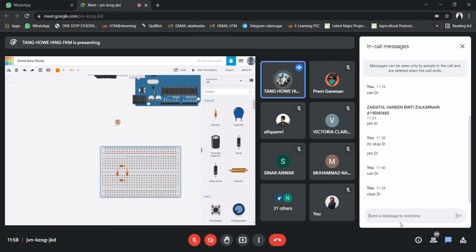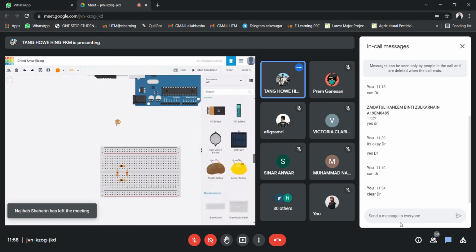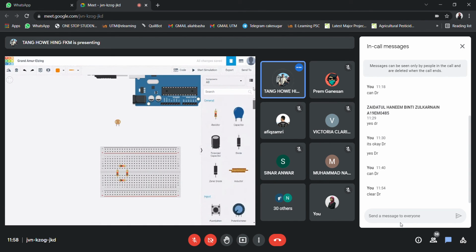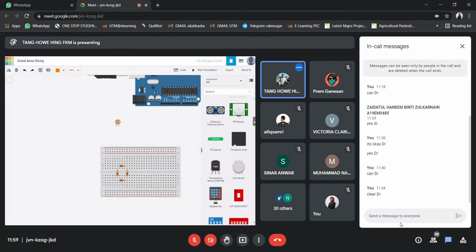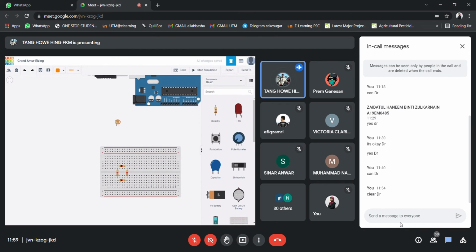And then once I have obtained this, what I need to do is get the battery. Okay, where is the battery? Okay, yeah, this is the battery.